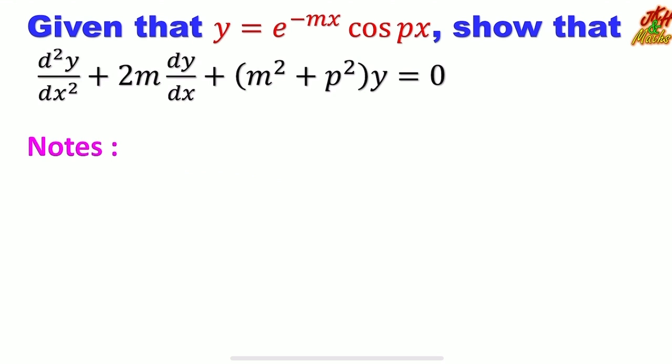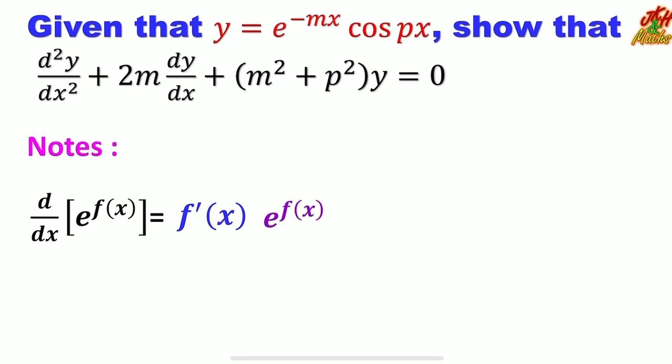When we differentiate e raised to the power of f(x) with respect to x, it gives us the first derivative of f(x) multiplied with e raised to the power of f(x).